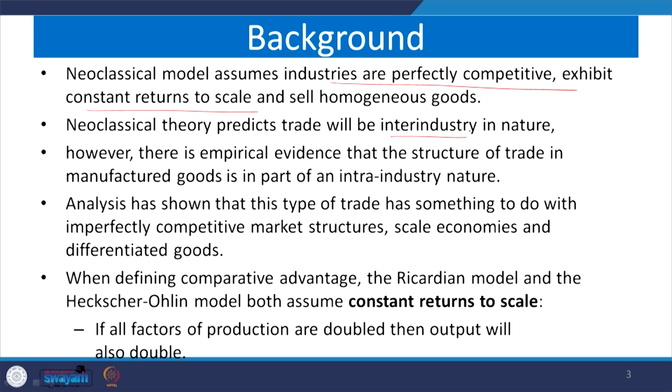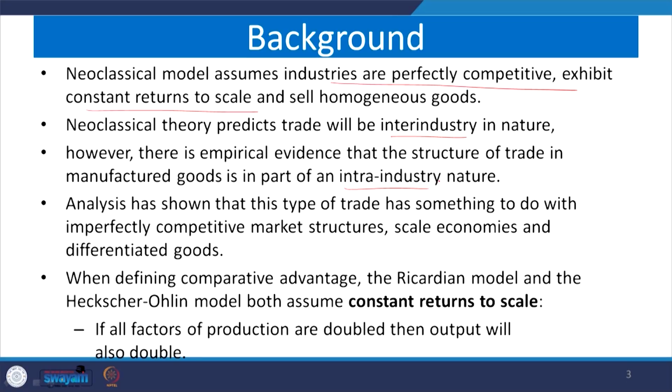However, the empirical evidence suggests that the structure of trade in manufactured goods is of an intra-industry nature. So, in present days it is not just inter-industry, there is the possibility of intra-industry trade as well. The analysis has shown that this type of trade has something to do with imperfectly competitive markets, which is due to scale economies and differentiated goods.